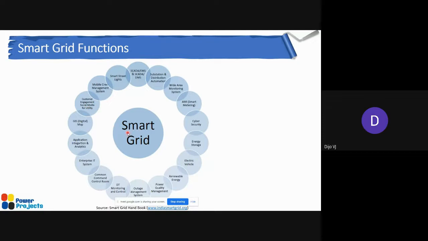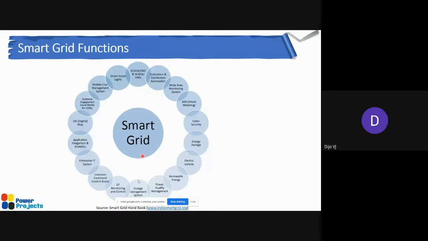All these things are going to be part of the smart grid. Mobile crew and engagement management system, mainly for the maintenance part, like how to mobilize the technicians or the engineers to repair some part of the system if there is an issue. So it is also going to be part of smart grid.